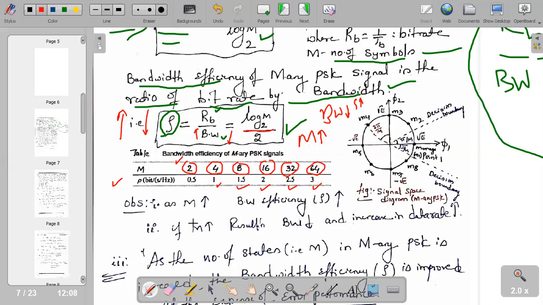When you keep on increasing the value of M, the bandwidth decreases, which indirectly increases your data rate, that is, the channel capacity increases. That in turn results in the efficiency of the bandwidth increasing.